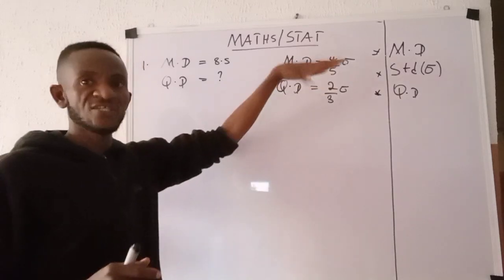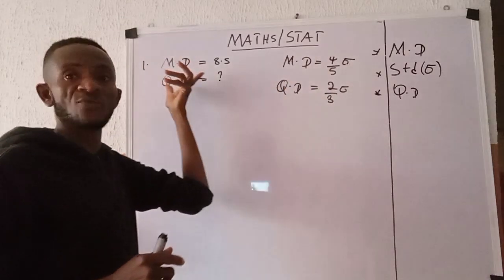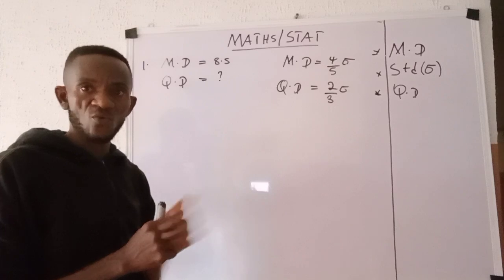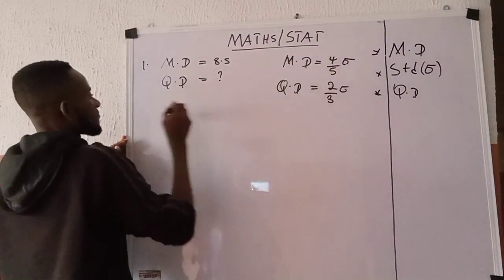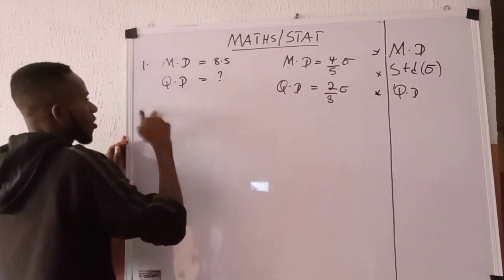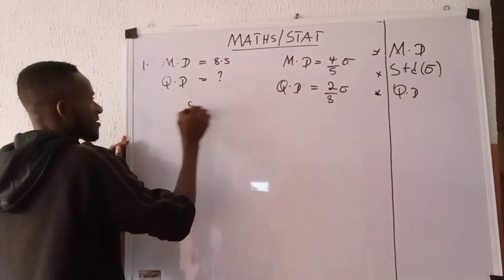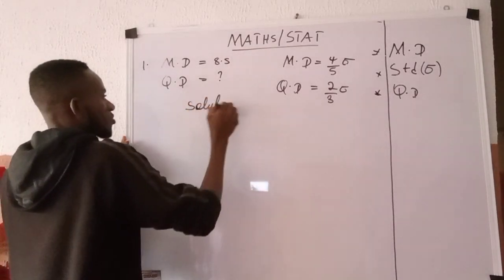How do we reconcile these two formulas now in order to be able to solve this problem? What we are going to do is this. So you watch. I'll now come here and put solution here. I want to solve the problem.